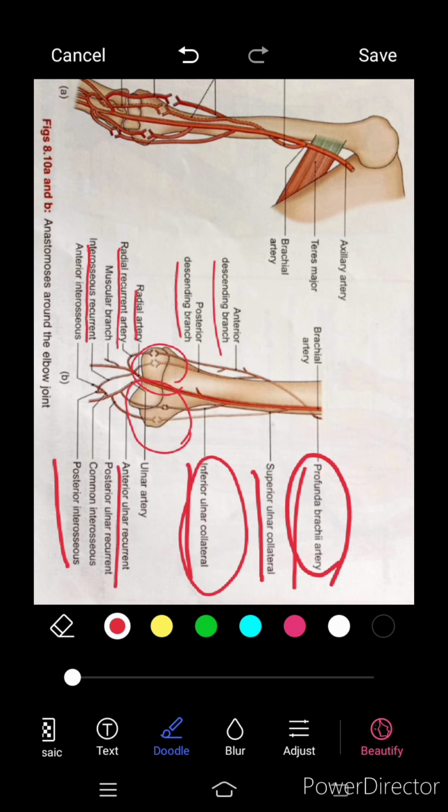And behind the medial epicondyle of the humerus, the superior ulnar collateral branch of the brachial artery, anastomosis with posterior ulnar recurrent branch of the ulnar artery.